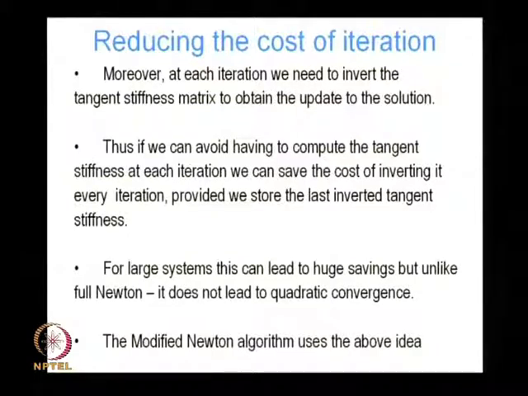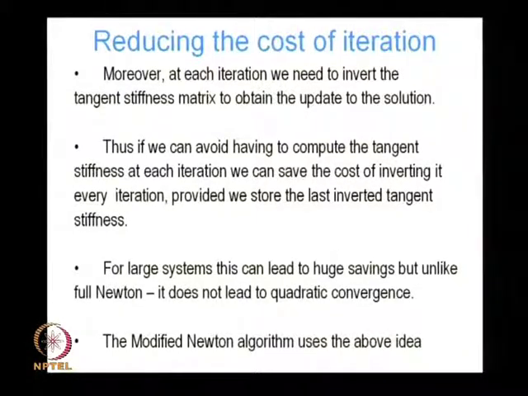I computed the tangent stiffness in a previous iteration, and since I do not have to use the exact tangent, I am going to use that to calculate my increment, right. But then I probably need to store the inverse also. That is always better. If I store the inverse, I can directly use the inverse to do back substitution and calculate my update to the increment.